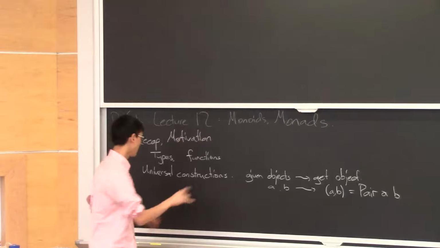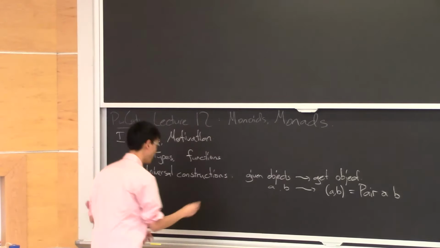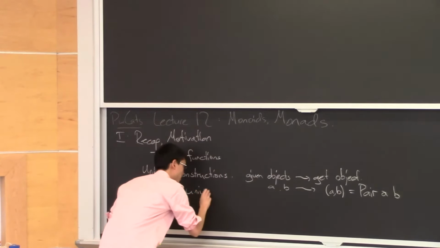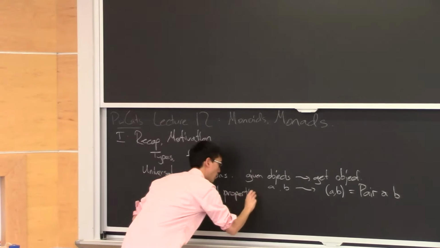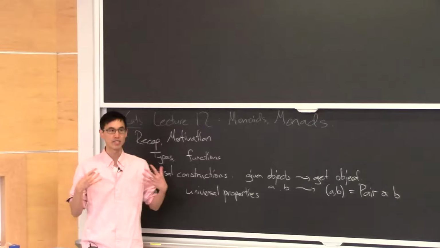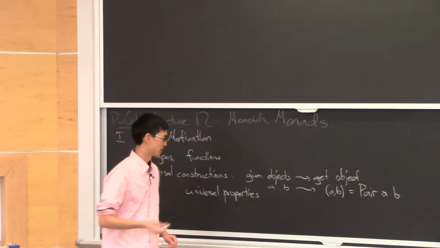And not only that, universal constructions have universal properties. And this gave us a way of taking some functions and getting a new function, right?